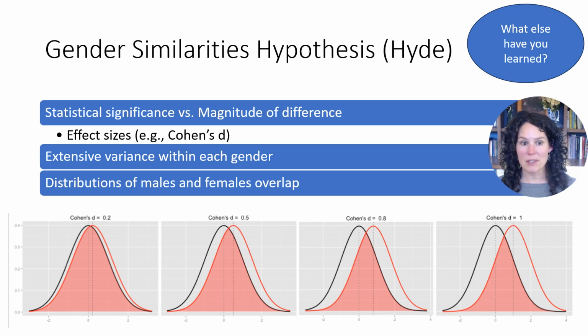So some males are really good at whatever this is measuring and some aren't, and some females are really good at it and some aren't. And these distributions of males and females overlap, meaning that there are some females who are better than some males, even if on average the males are slightly better, or the females are slightly better, if that makes sense. So hopefully this will be more clear as we go through these next few slides.